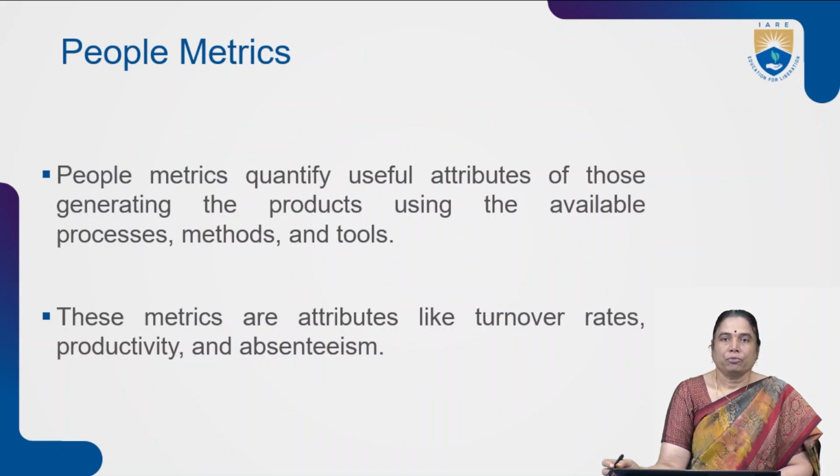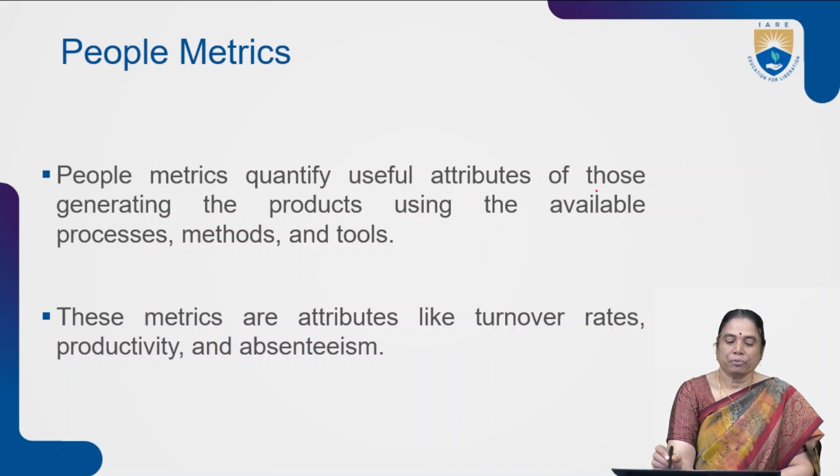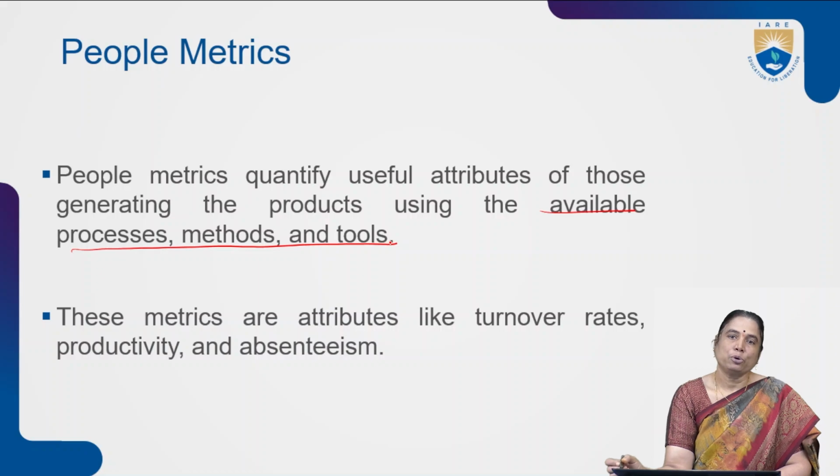Another variety of project metrics are people metrics. People metrics quantify useful attributes of those generating products using the available processes, methods, and tools. These metrics are attributes like turnover rates, productivity, and absenteeism.